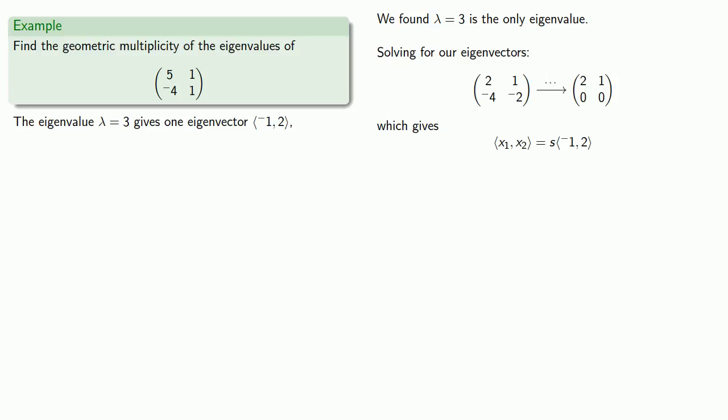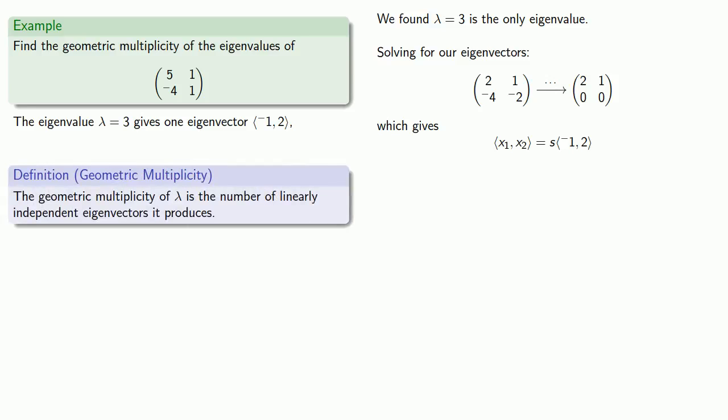And again, the geometric multiplicity of lambda is the number of linearly independent eigenvectors it produces. This eigenvalue, lambda equals 3, gives us one eigenvector, so its geometric multiplicity is going to be 1.